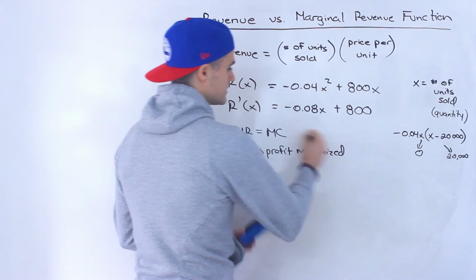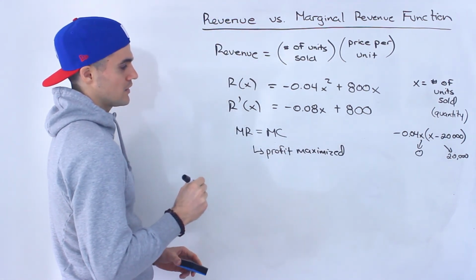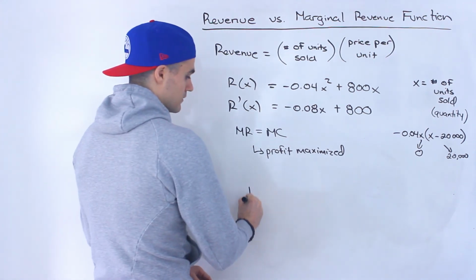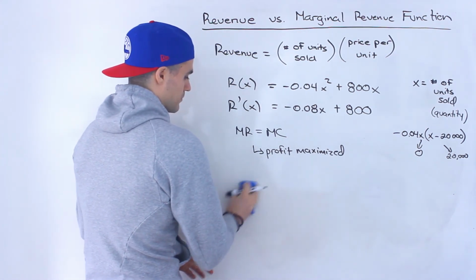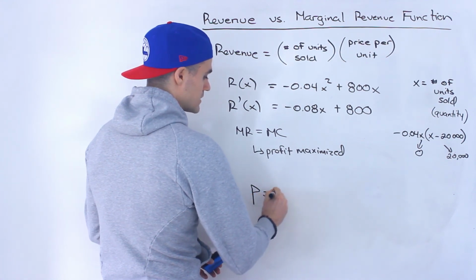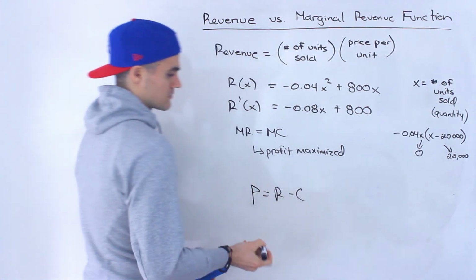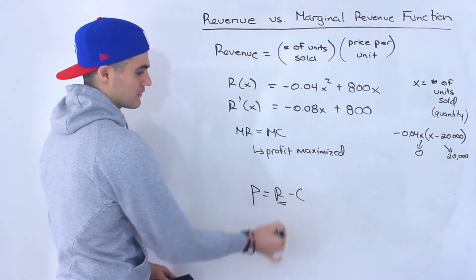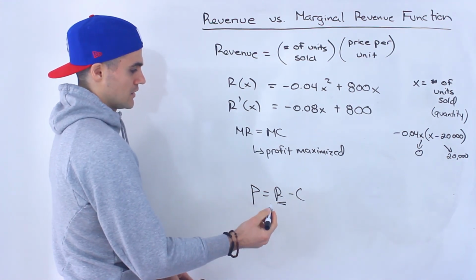We're going to go into detail on this in a future video. But remember, profit is different than revenue. Profit is equal to total revenue minus total costs. So it's different than just revenue.